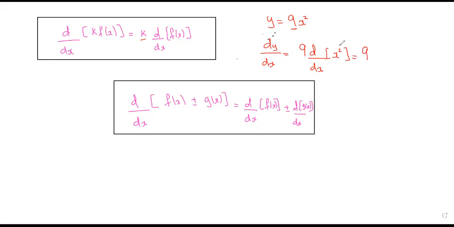So 9 as it is, how do we differentiate x square? 2 is the number. So I will write down 2x to the power 2 minus 1. And now I can just simplify this and it would give me 18x.